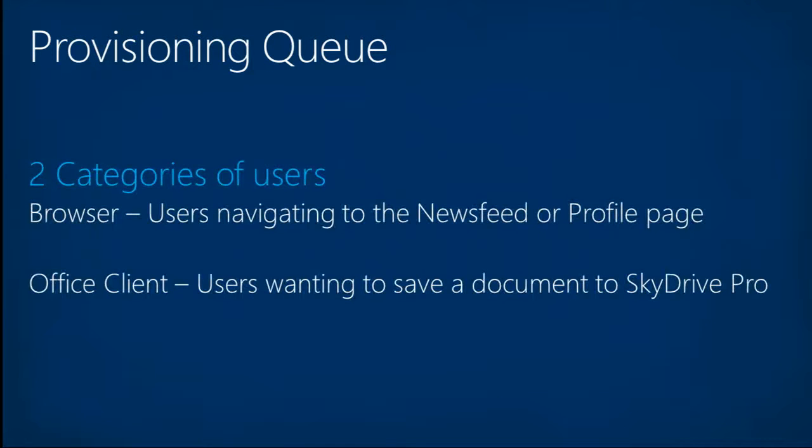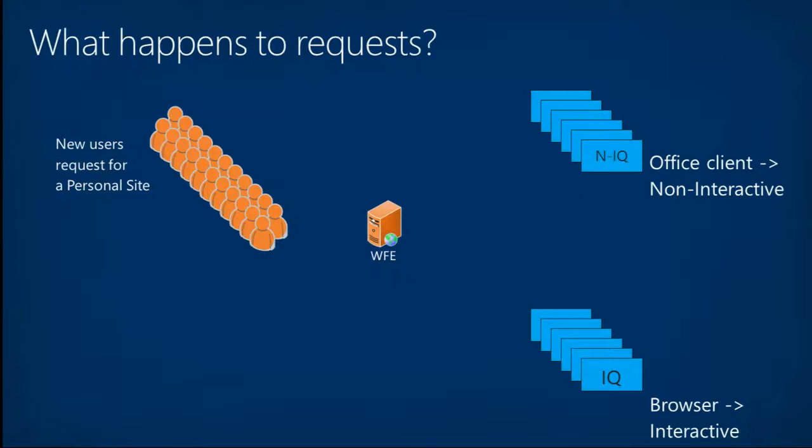We basically classified users into 2 categories: browser users, depending on the entry points, and the Office client users. So let's take a look at what really happens from here on. Let's say, for example, we have a bunch of users using either the Office 2013 client or trying to use SharePoint through the browser.